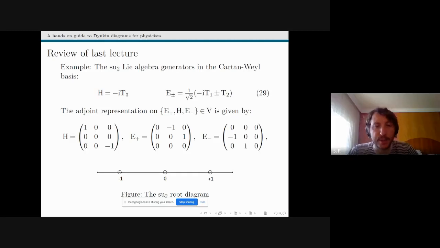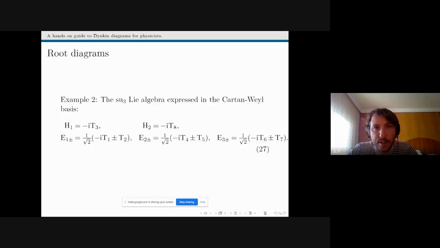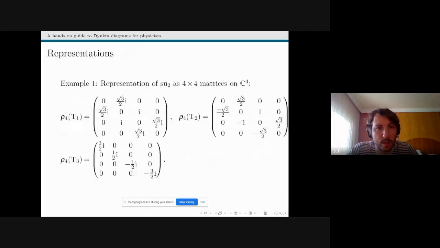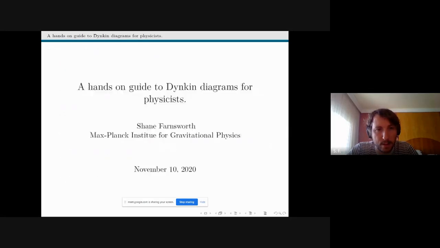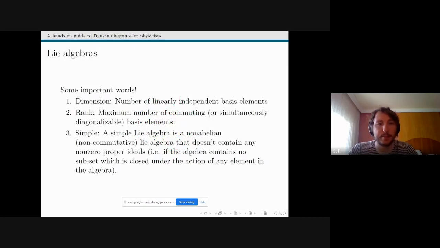Oh, okay. So a simple Lie algebra. I gave the definition all the way back here. A simple Lie algebra is a non-commuting Lie algebra that doesn't contain any non-zero proper ideals.